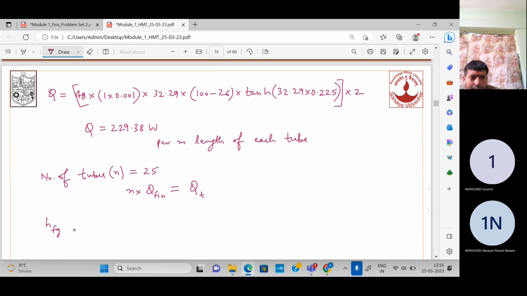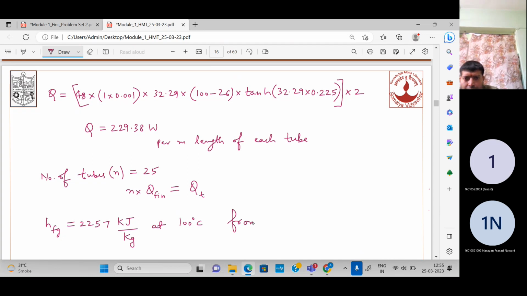At 100 degrees Celsius, the latent heat is 2257 kilojoule per kg from the steam tables.